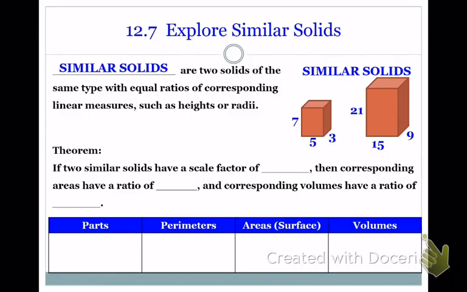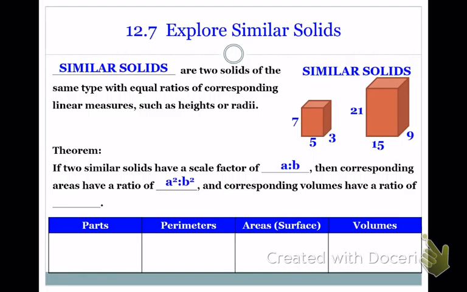Theorem: if two similar solids have a scale factor of A to B, this is the key part of the lesson, then the corresponding areas have a ratio of A squared to B squared.